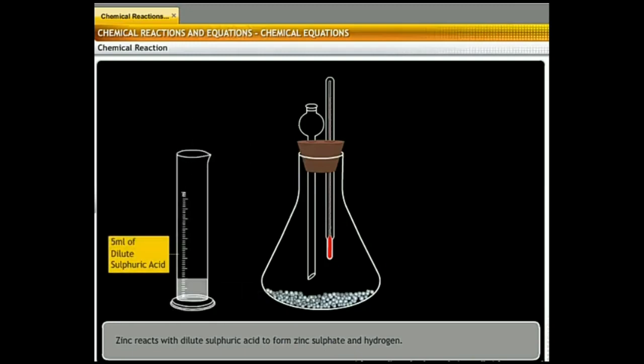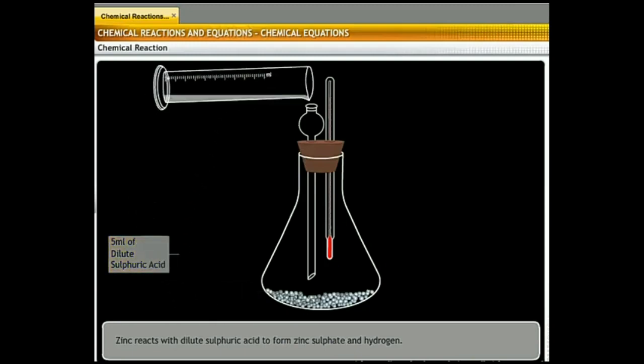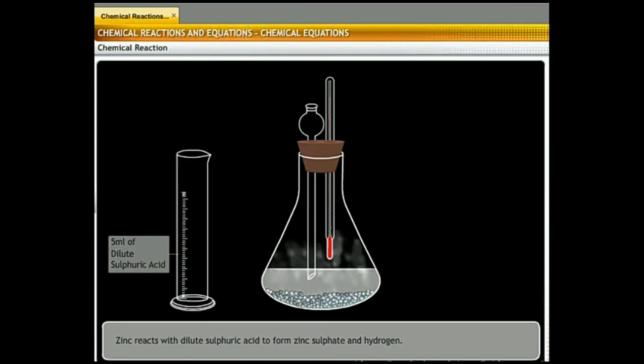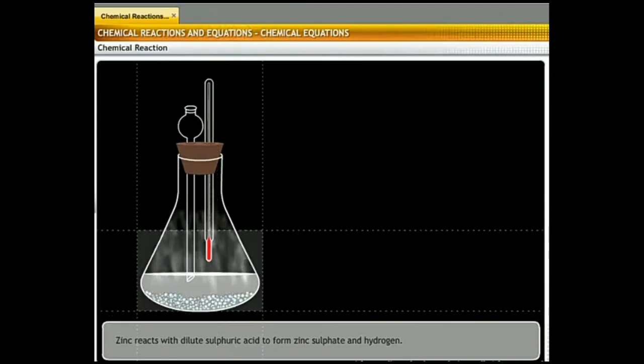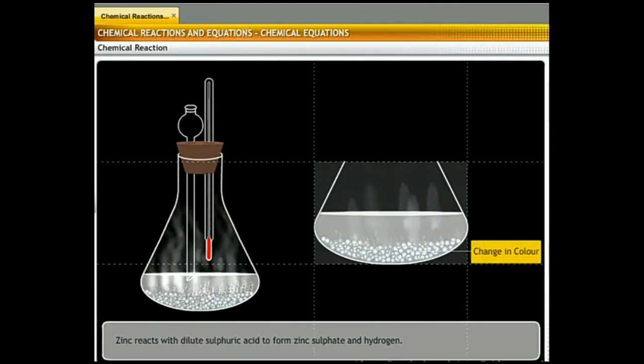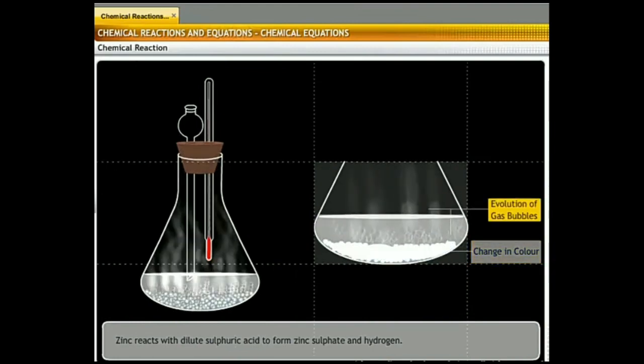In the laboratory we do not use this setup always randomly for doing the reaction, but basically this is the ideal setup where a thermometer and a thistle funnel are added. Now the reaction of zinc and sulfuric acid is shown, and it is showing the changing color and evolution of gas bubbles. So there is a change of the composition of the reactants. That means this is a chemical change, or a chemical reaction.